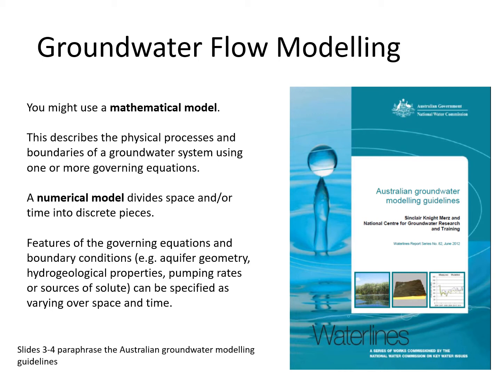And then the equations will be applied to those discrete pieces and to the boundaries. And the features of the governing equations and the boundary conditions are therefore specified over space and time, and you can generate a model that you can then use to, for example, predict or forecast future changes in groundwater level, providing you've got your model correctly conceptualized.